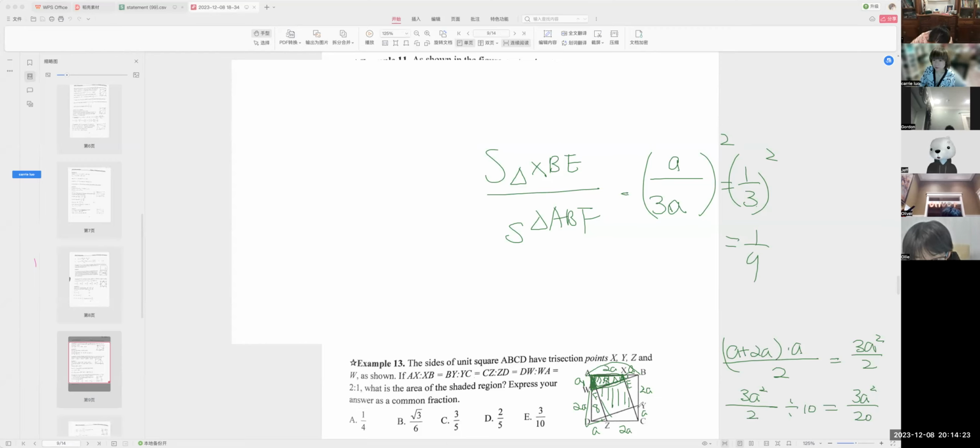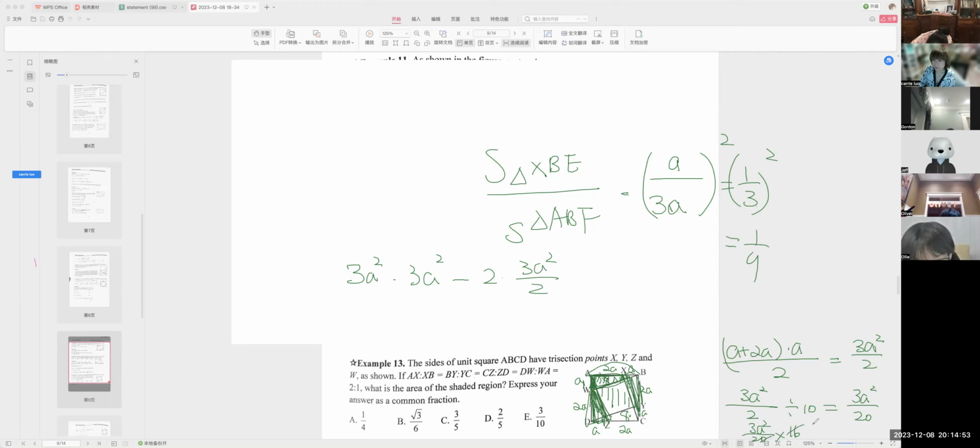So how do we calculate the middle one? The middle one equals the whole 9A squared minus 2 times 3A squared over 2, like this one and this one, and minus these two. So these two equal what? These 8 parts equal 3A squared over 20 times 16, correct? Because they have 16 parts.